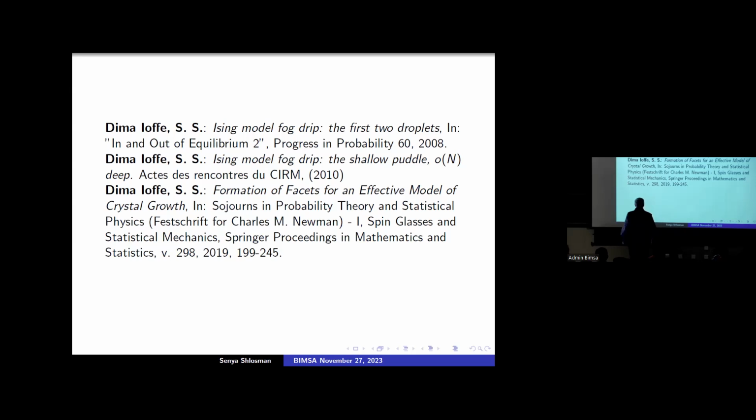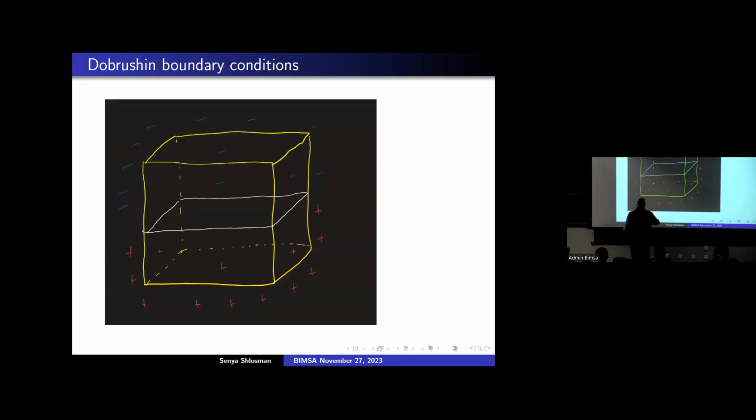This is the list of papers we did on this with the late Dima. He was a very important contributor to these studies. Again, this is our boundary condition, this interface which is forced inside by the boundary conditions. Let us position ourselves on the top. I will look at this interface from the top.